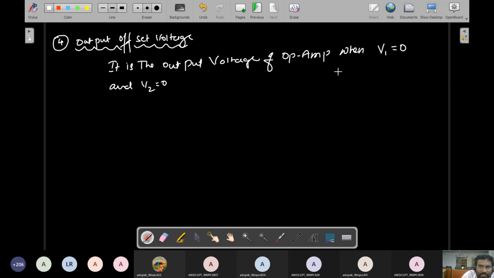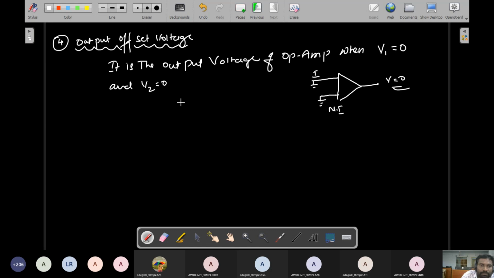If you see the diagram, this is the operational amplifier. This is the inverting terminal and this is the non-inverting terminal. Both the inverting terminal and the non-inverting terminal are grounded. Then definitely it shows some output voltage, even though the input is 0.